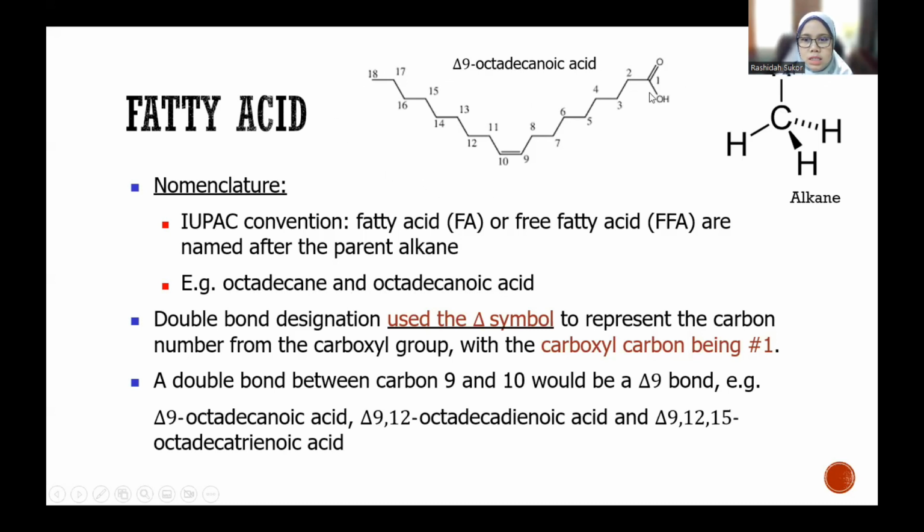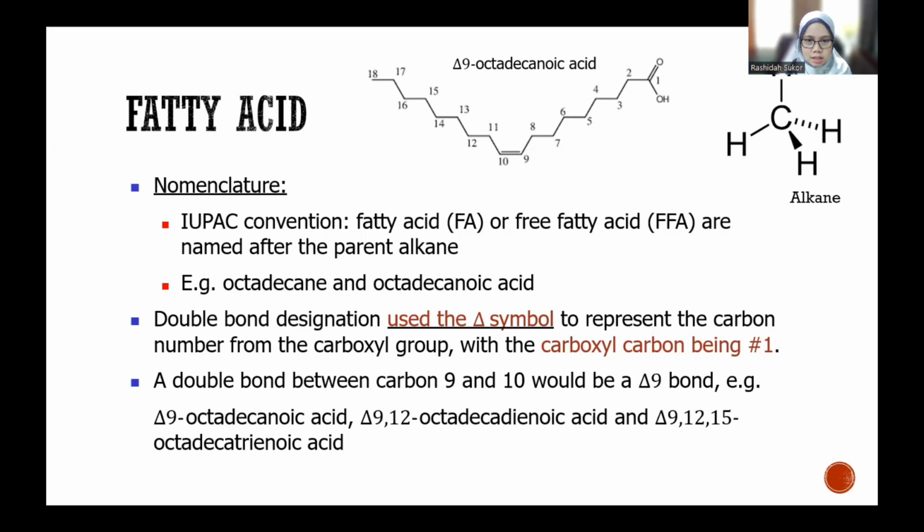If you see the structure, this is where you have the carboxylic acid. Okay, so they use the triangle symbol.